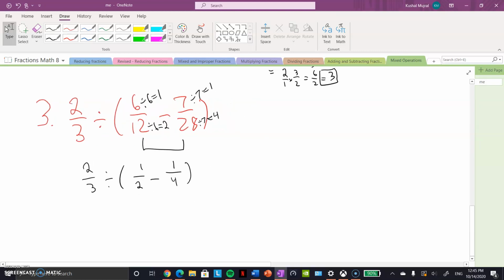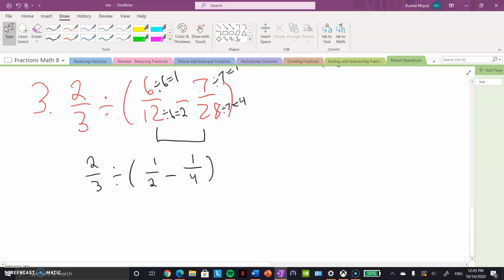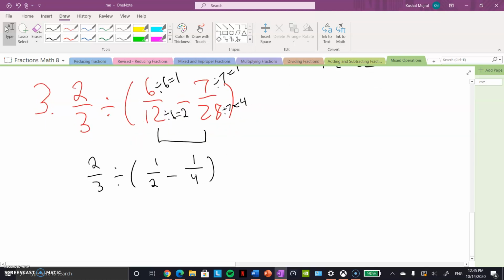Okay, you can pause just so you make sure that you're on track and you see what I just did over there. Okay, and then now we're left with 2 over 3 divided by, and so to subtract 2 and 4, we're going to need to put it into a prime factorization. And we have 2, 1, 2, multiply these. 2 times 1 times 2 is 4, that's the lowest common denominator.